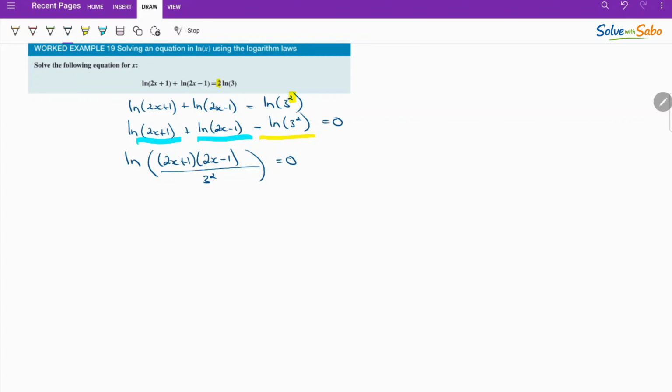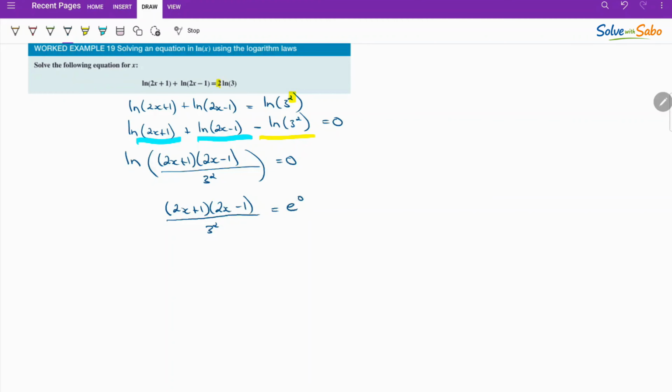Now, I could expand this first, or I can get rid of the log first. Just for the sake of my mental health, I'm going to get rid of that log first. Now, we saw before, I'm going to do e to the power of on both sides. And when I do that, this log is going to go away, because I've done e to the power of ln, which gets rid of that ln.